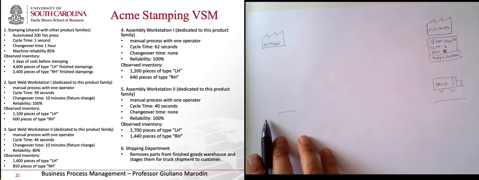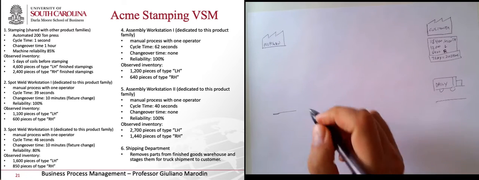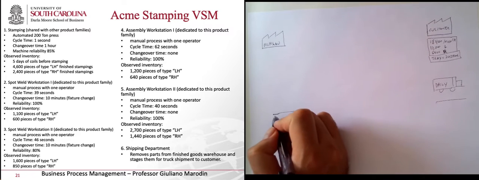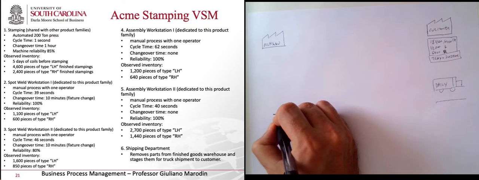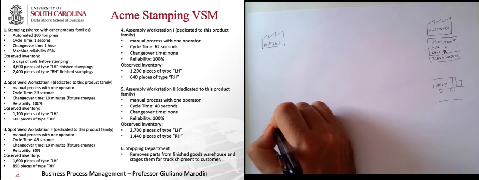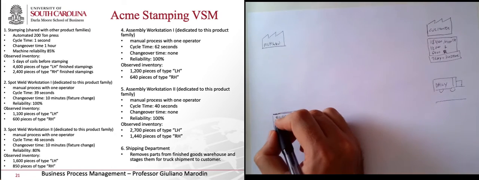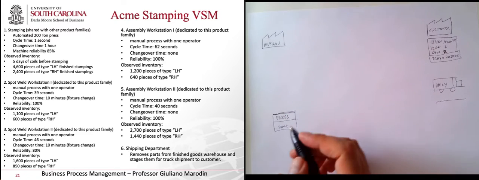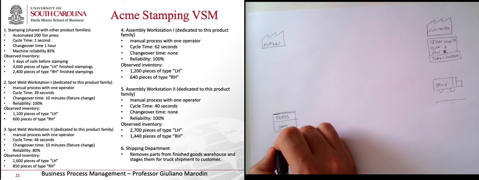But for the first process, the stamping, I need to leave some space here for some inventory. Okay, so I'm going to start putting all the steps here. First thing is you have a press. That is the stamping process. Every process is a box like this, and this is an automated 200 ton press.